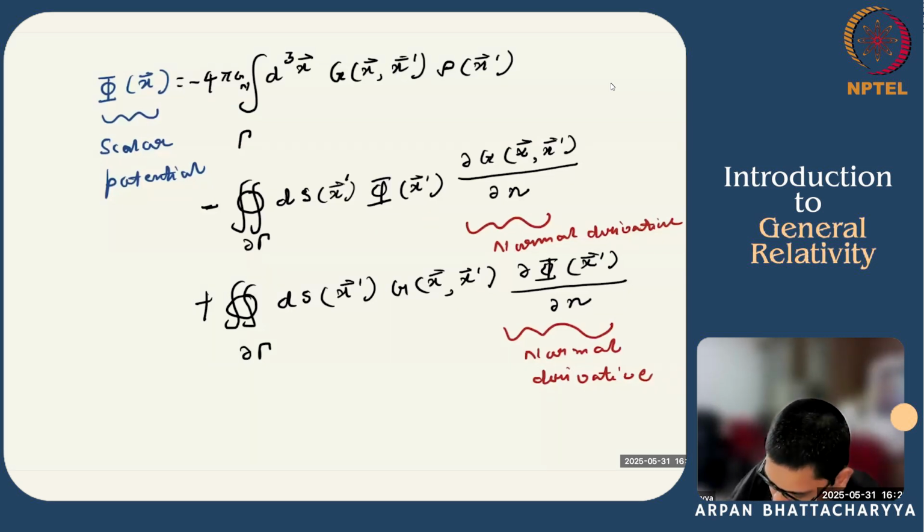Remember, these quantities inside the surface integral are evaluated at the boundary of the region gamma. So this structure says that apparently you have to specify both phi and its normal derivative, and it seems to be in contradiction with the statement of the uniqueness theorem. In fact, actually not, and we leave that for you to resolve. So take it as a puzzle and try to resolve this. Thank you.